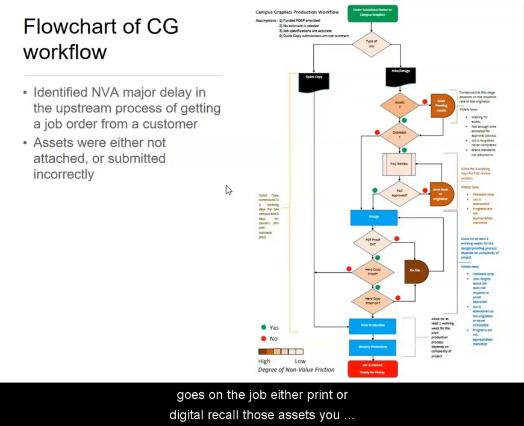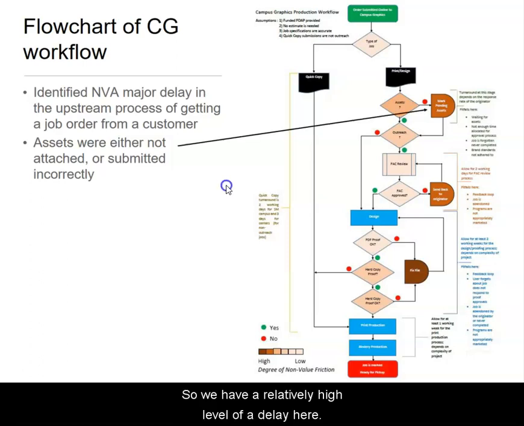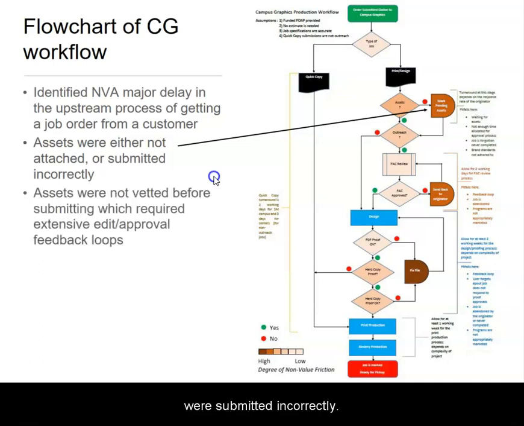If you're a graphic designer, you might want to think of assets as the raw materials coming in from the customer. We had a relatively high level of delay here, and the assets were not attached to the job or were submitted incorrectly.